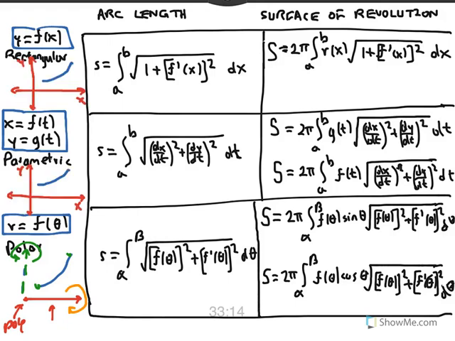In each of those cases, we could have taken the arc and revolved it about either the x-axis or the y-axis.